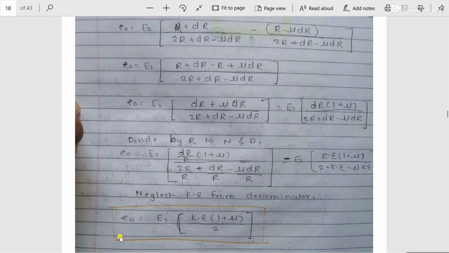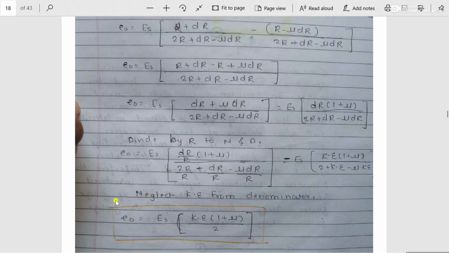And once again, in the four-arm sensitive bridge circuit, as the two linear strain gauges and the two lateral strain gauges are there, due to the lateral strain gauges the output is obtained in the form of 1 plus mu, or in the form of the mu parameter. So this is the output of the four-arm sensitive bridge circuit in which two linear strain gauges and two lateral strain gauges are there.